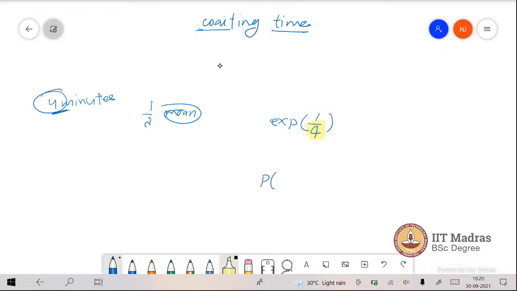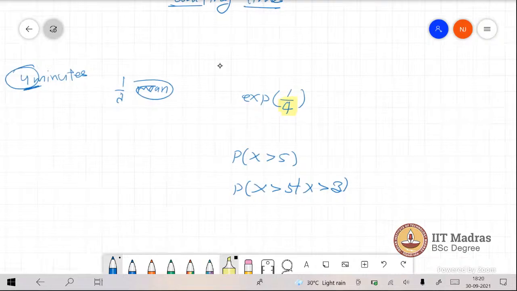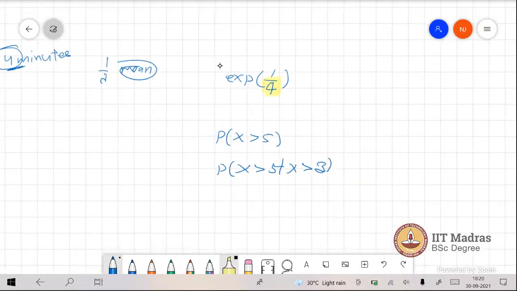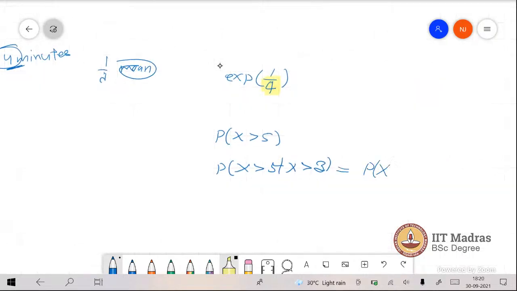What is the probability that you will wait more than 5 minutes, if you already know that more than 3 minutes have already passed? This is the same as the probability that you will wait for more than 2 minutes, because it has already forgotten what has already occurred. This kind of property is called the memoryless property.